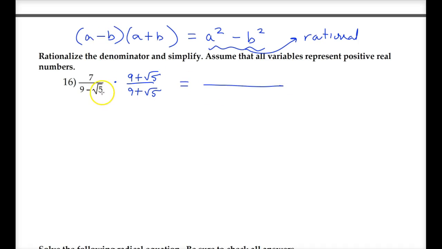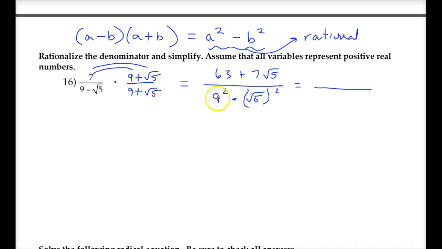In the denominator, we know that that's just going to be 9 squared minus square root of 5 squared. In the numerator, we're going to take 7 and distribute it to both terms here. So 7 times 9 is 63, and 7 times square root of 5 is just 7 times square root of 5. There's not much else we can do to that.